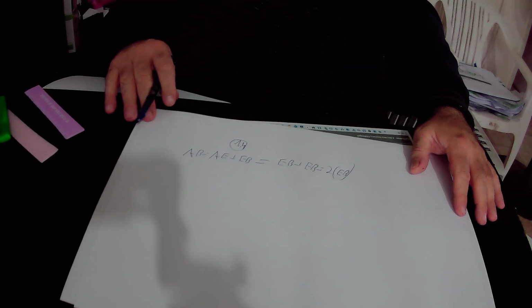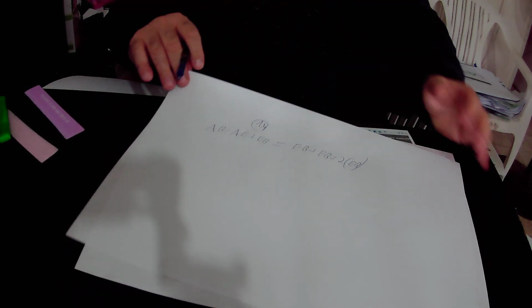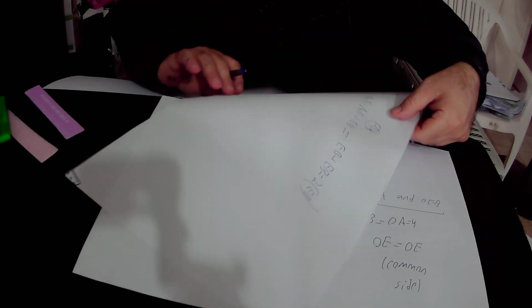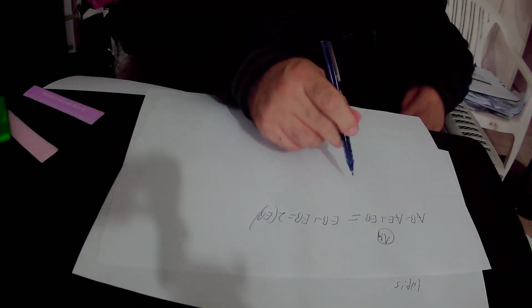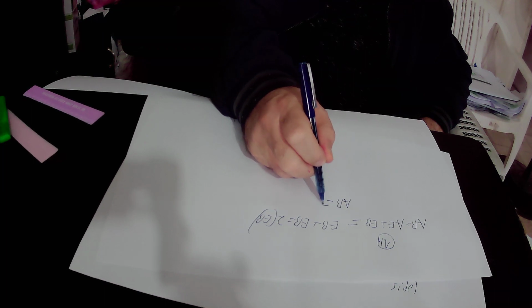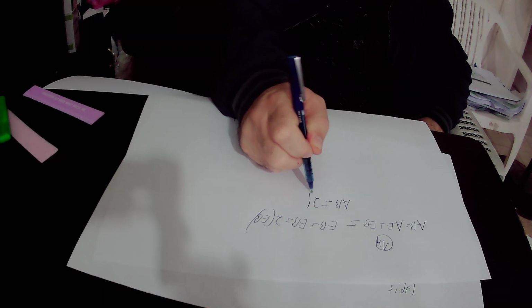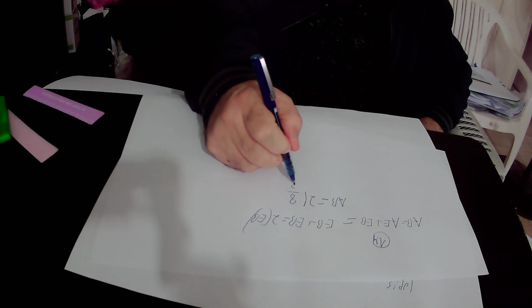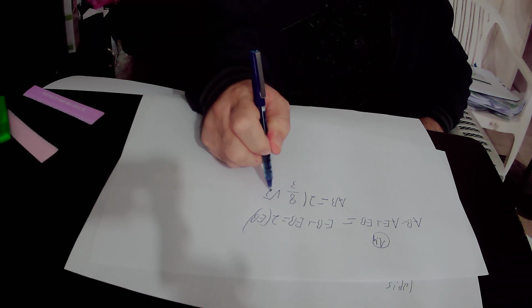And we have already found out that EB equals 8/3 times square root of 2 units.